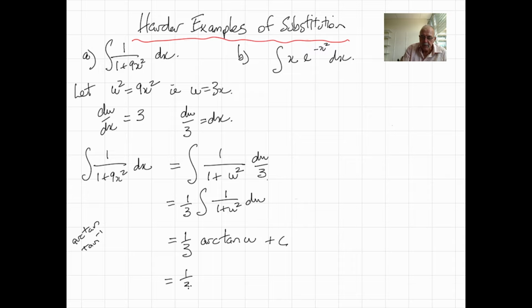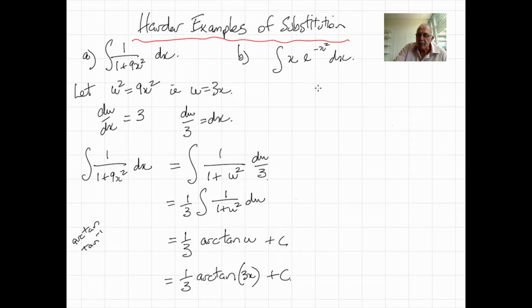So that'll be 1/3 arctan, back substitution. The original question did not have any u's in it. We've got to substitute for u. U would be equal to 3x, so it'll be arctan of 3x. And we'll put that in brackets to show that it's the arctan of all of that, plus our constant of integration. So that's that one.